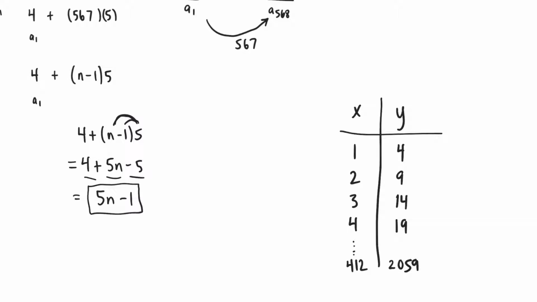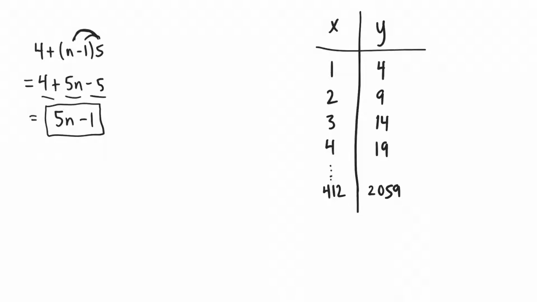What you'll notice is that to get from the x value to the y value, we multiply by 5 and then subtract 1. So if instead of the 412th term I wanted the nth term, you would multiply by 5 and subtract 1. It's the exact same thing that we got up here, just a different way of thinking about it.